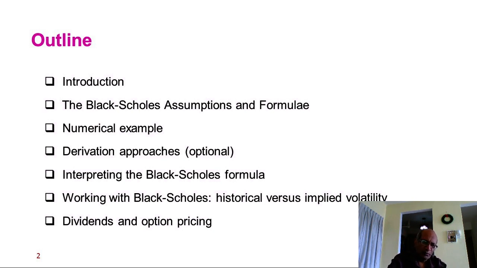The formula looks so complicated and complex, but interpreting it is very easy, very simple. Then we will move into working with the Black-Scholes historical versus implied volatility. Generally or largely we use historical volatility, but there is also a way of using implied volatility. The difference is that historical volatility uses the stock price to calculate the returns, and the standard deviation of the returns over the past 1 year.